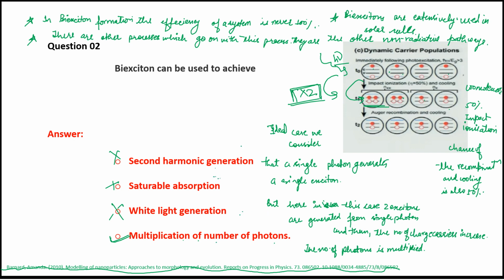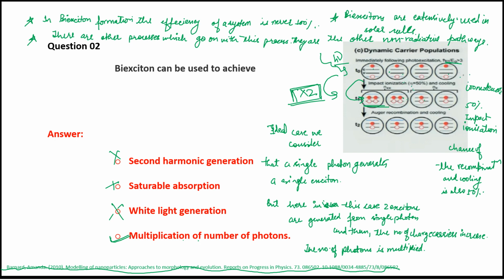Okay. So I'll just repeat in a quick time whatever we have discussed. Biexcitons can be used to generate photoexcitation. Sorry, when the biexcitons are generated, photoexcitation happens. In the photoexcitation, the light incident on the sample is quite high compared to the band gap. Followed by this, there are two processes happening simultaneously: impact ionization and cooling. In the case of impact ionization, one electron is used to ionize another electron from the ground state and thus leads to the formation of a biexciton.